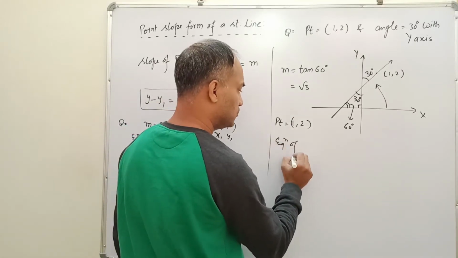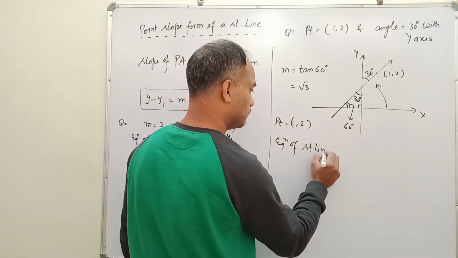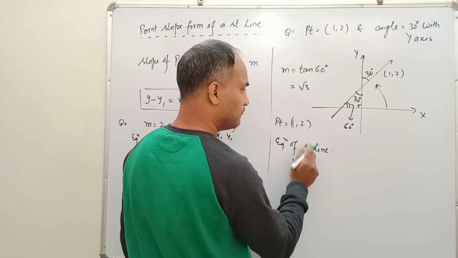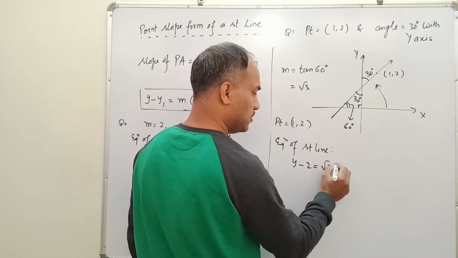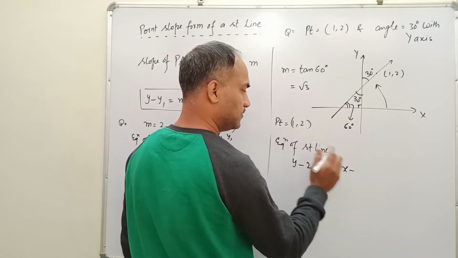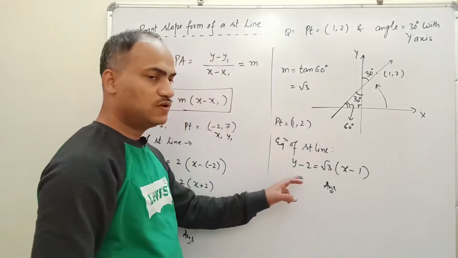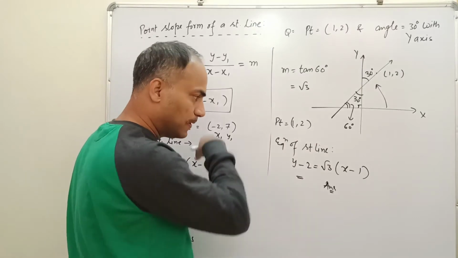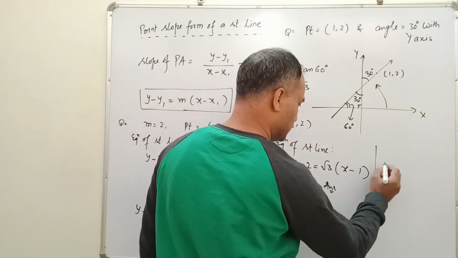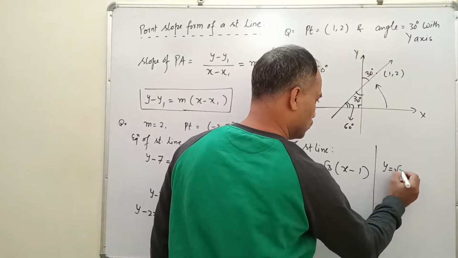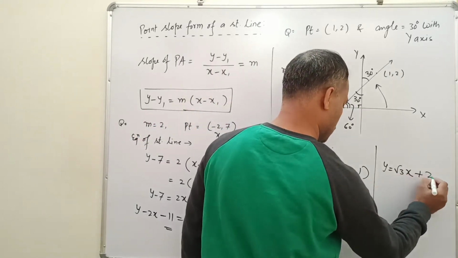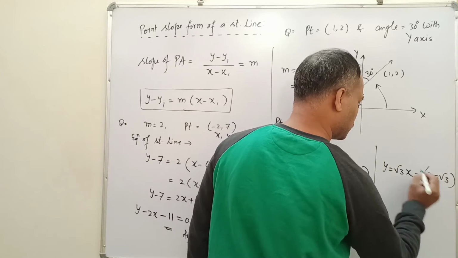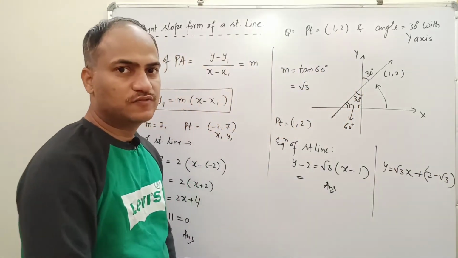Equation of a straight line: y minus y1 is equal to m, root 3, into x minus x1, that is 1. So either you can leave the answer like this, or if you want to simplify, this becomes y equals root 3 x plus 2 minus root 3. You can also leave the answer like this.